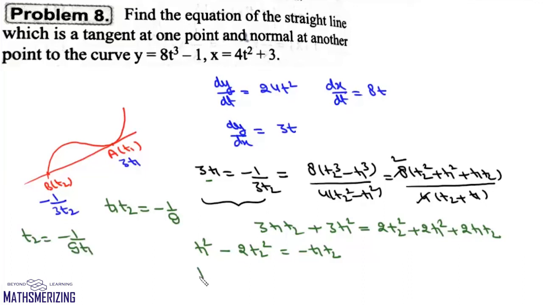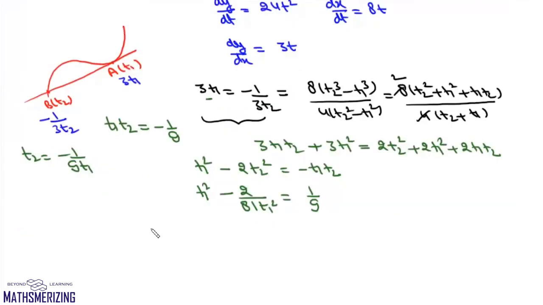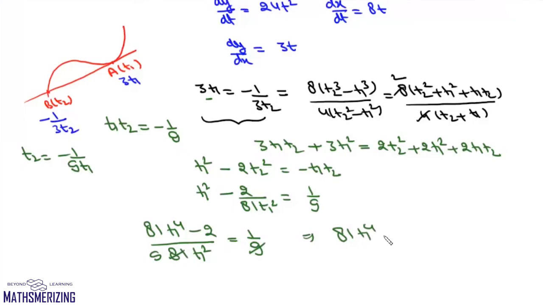So it will be t1 square minus 2 by 81 t1 square, equal to 1 by 9. Now this is (81 t1 to the power 4 minus 2) upon 81 t1 square, equal to 1 by 9. So we can write this equation as 81 t1 to the power 4 minus 9 t1 square minus 2 equals 0.